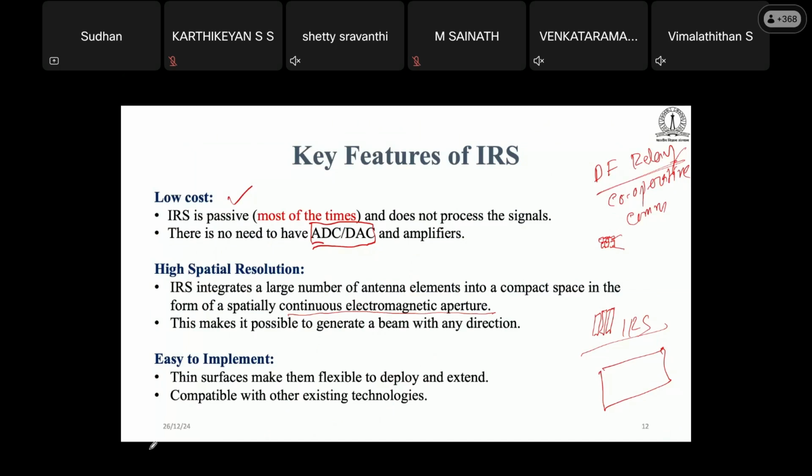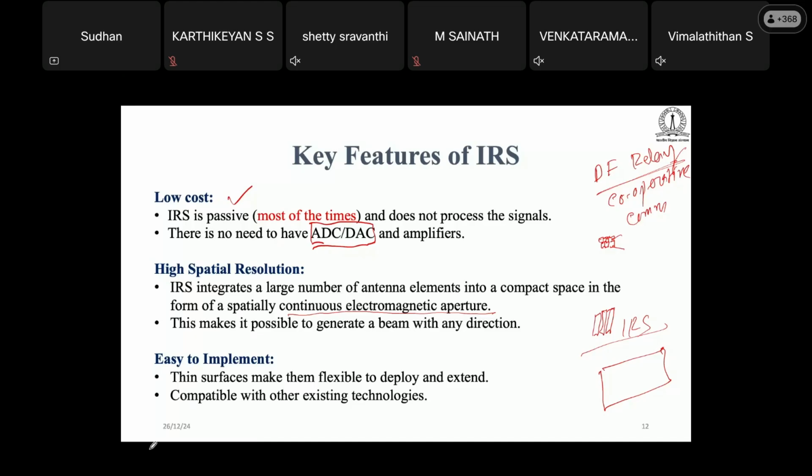You have heard about the repeater? So similar kind of, but it is a passive repeater, and also we can easily compare with the other kinds of technology. So I'll provide this later.